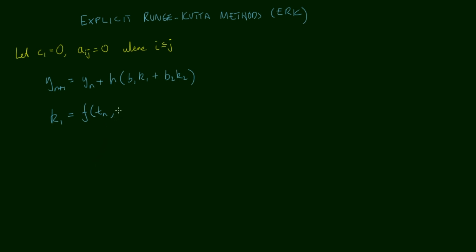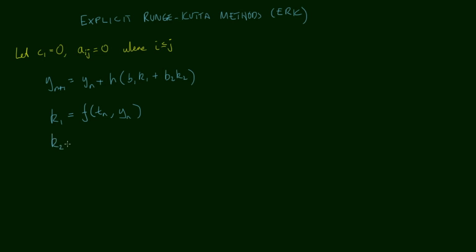The second argument was yn plus h times our a11 and a12. Well, a11 and a12 will both be 0, because in this case i is 1 and j is 1 or 2. So that means we just have yn. So our first stage value is f of tn, yn.